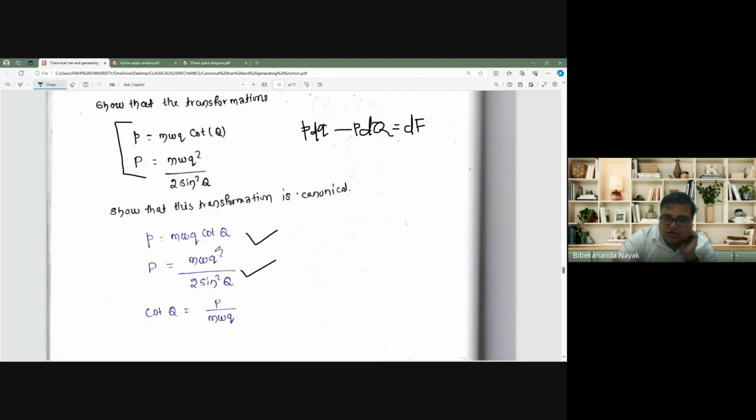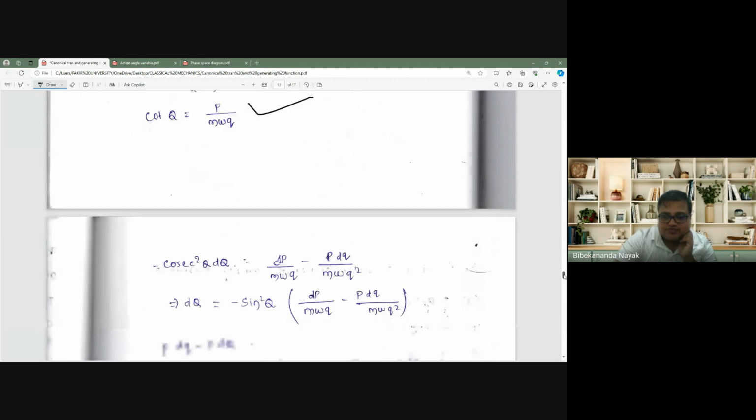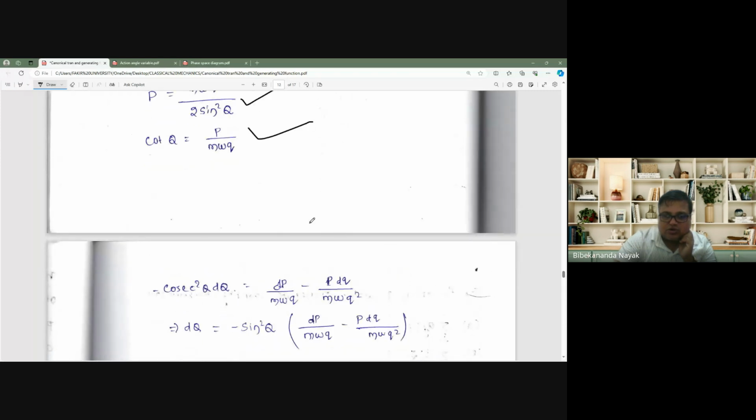We have been given small p and capital P. From the first equation, cot q is equal to capital P by m omega q. From this you can calculate sine squared, because if cot, then cosec squared will be how much? Take the derivative of both sides: the derivative of cot q is cosec squared q dq, and on this side, because p and q are both variables, it will be dp by m omega q minus p dq by q squared.